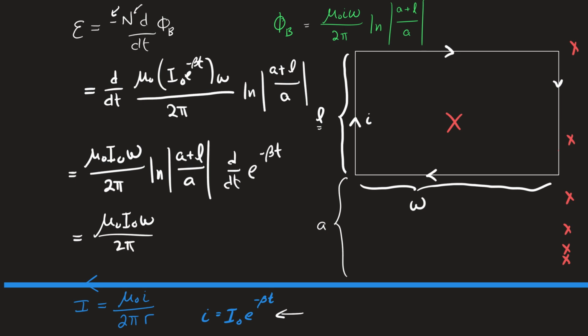And when I take the derivative of that exponential, I will get back the exponential. But I'm also going to get, due to the chain rule, a negative beta. I'm going to put the beta up here for sure. And I'm going to put my natural log. I can put my e to the negative beta t right there. And that's the result of taking the derivative.